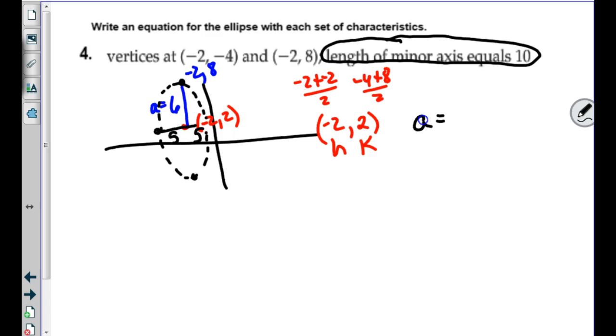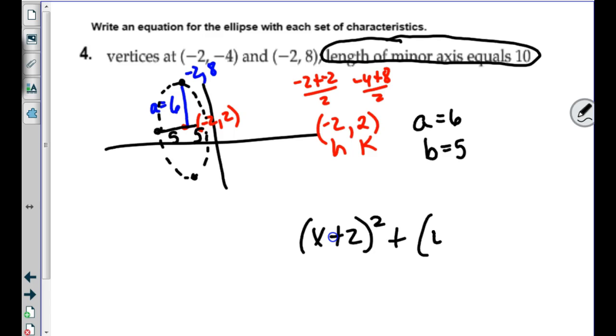Okay, so A was 6, B was 5. So can we write the equation? Okay. X minus H squared, Y minus K squared equals 1. Now we got to be a little bit careful. A squared is 36 and B squared is 25, but we got to put them in the right spot.